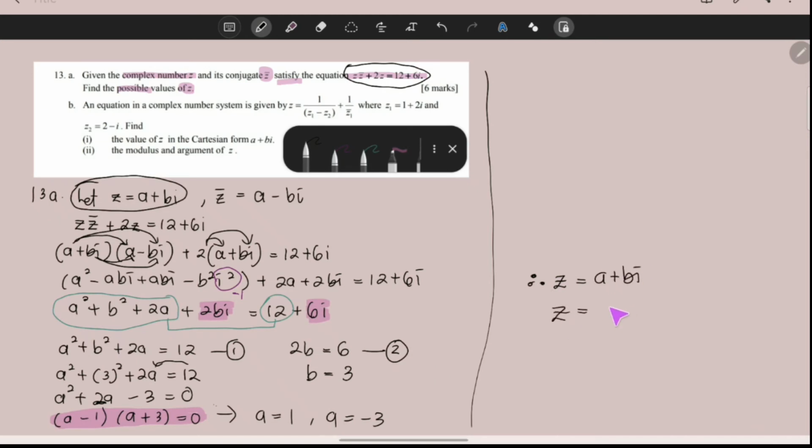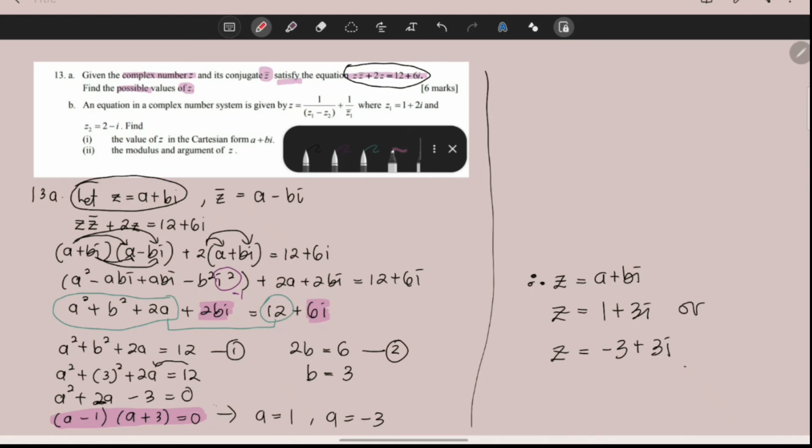So your a might be 1 and your b must be 3. Or a is equal to negative 3, and your b must still be 3, because you only have one value of b.